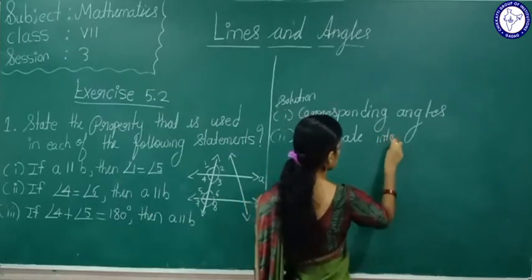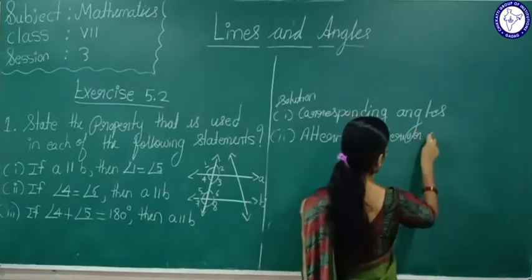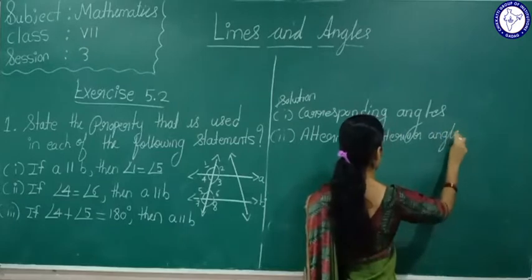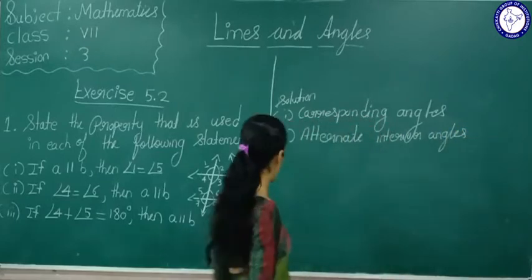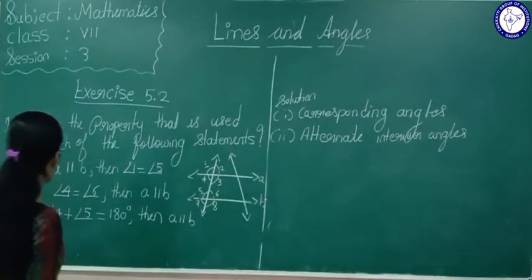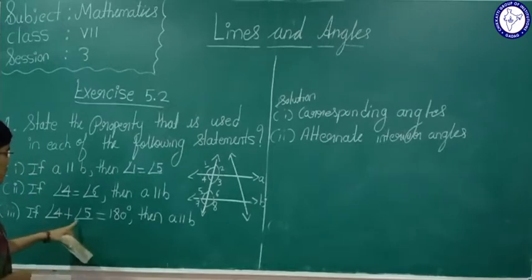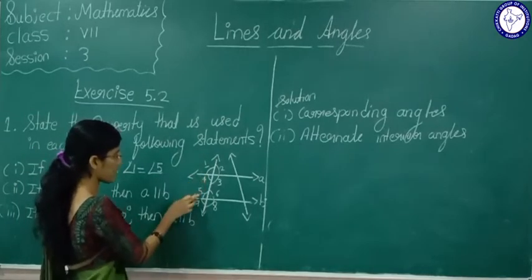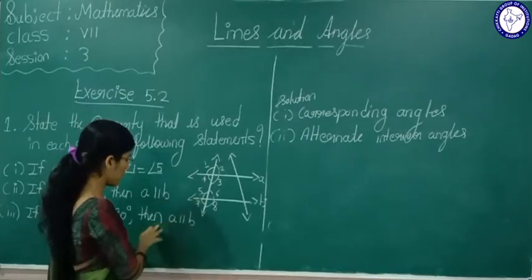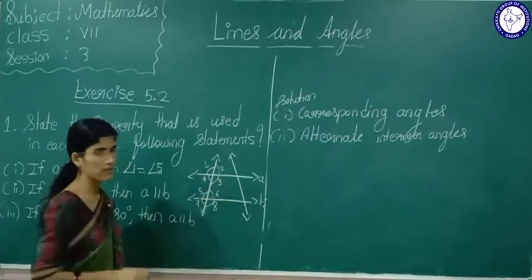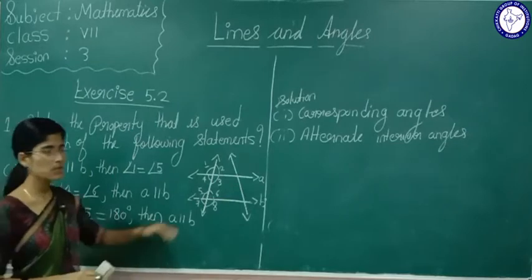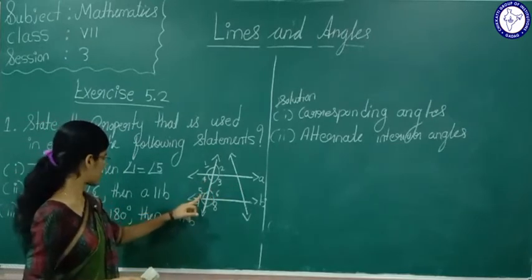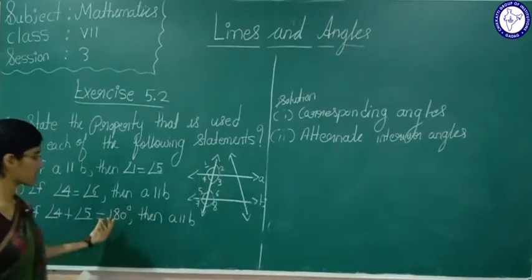Alternate interior angles. Now see here, if angle 4 plus angle 5 is equal to 180 degrees, then A is parallel to B. Angle 4 plus angle 5 is equal to 180 degrees.